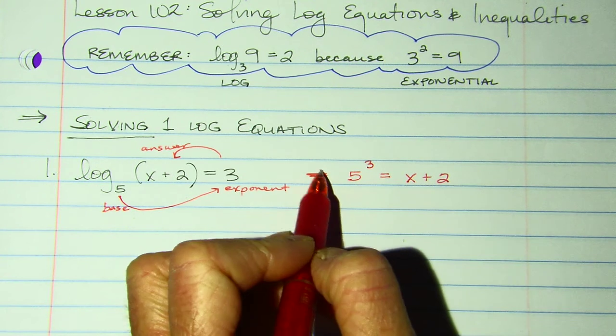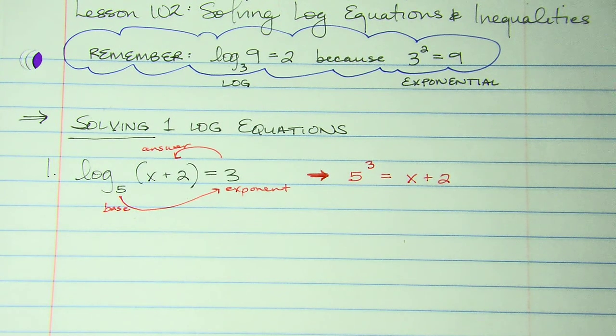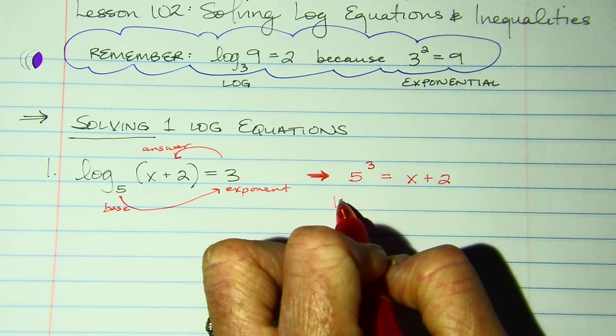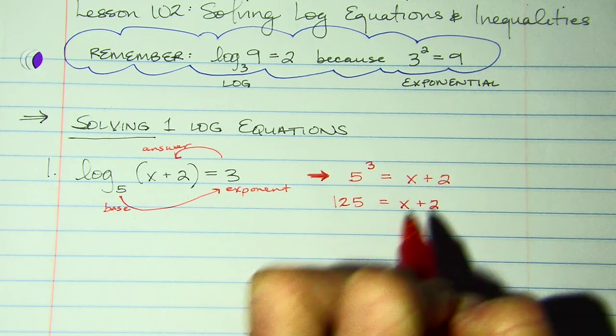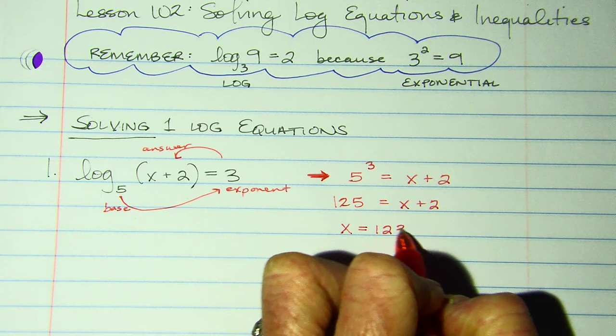And when you rewrite it like that, look how easy this problem becomes. The log is gone. Now I just have 5 cubed, which is 125, equals x plus 2. Subtract 2, and x equals 123.